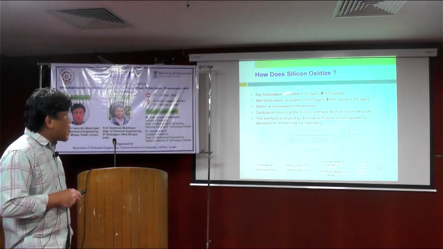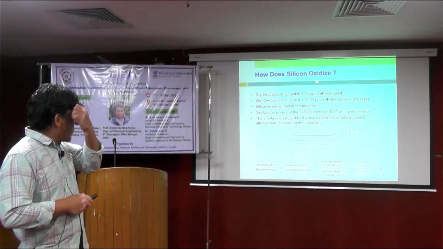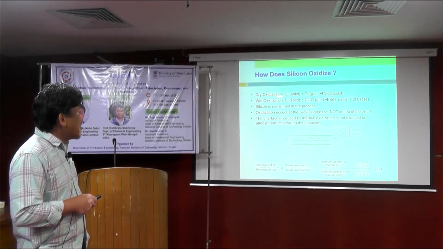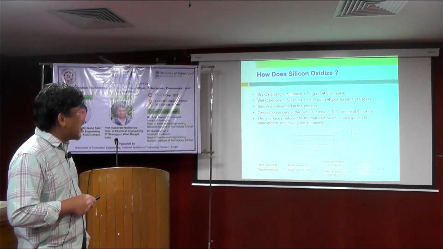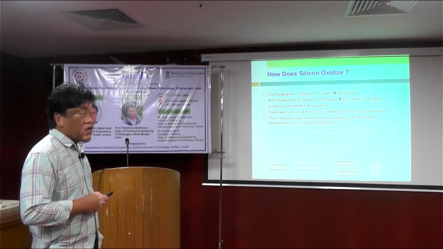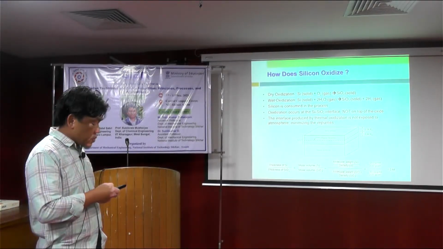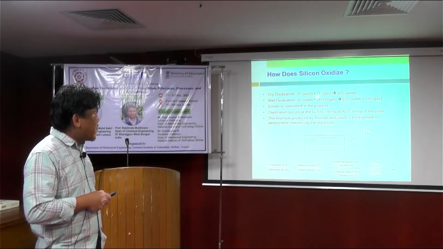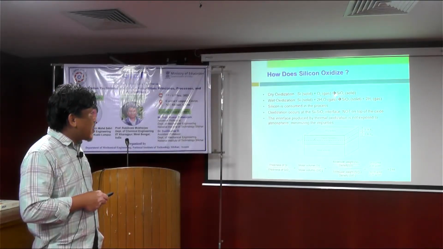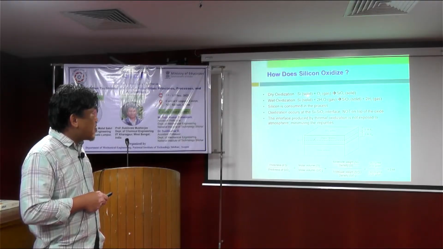So how is silicon dioxide produced? Through the dry oxidation process, we have solid silicon, maybe a silicon wafer. Then we flow oxygen, and you can grow silicon dioxide on the surface of the silicon wafer.